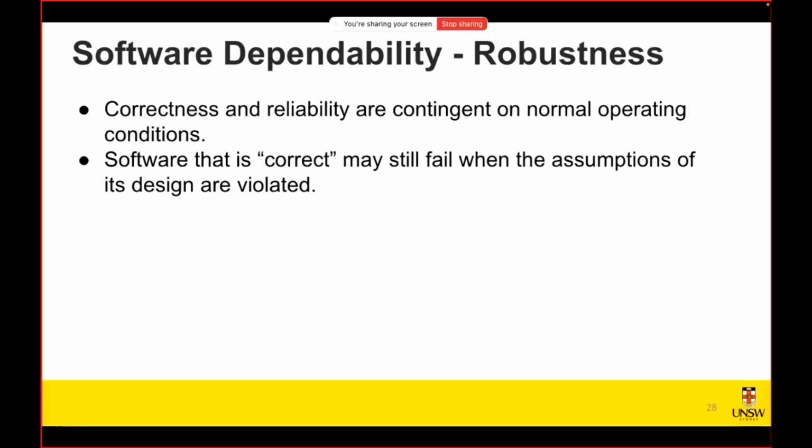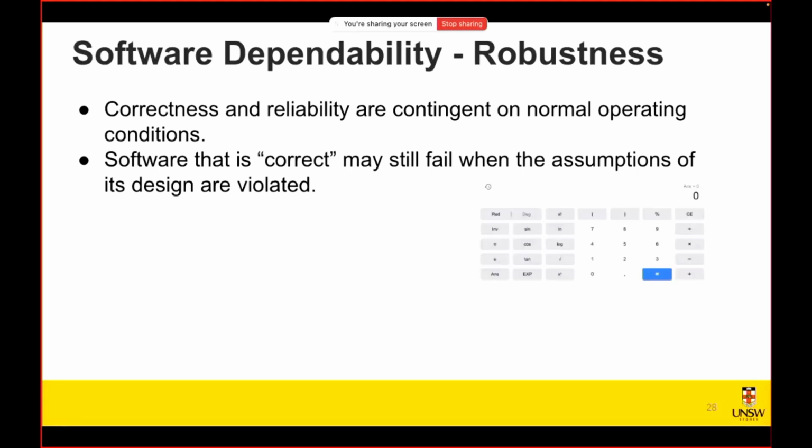So that's an extreme case. In their specification, they definitely didn't write to cover the case that a video is viewed so many times. So correctness and reliability don't really cover the rare cases.